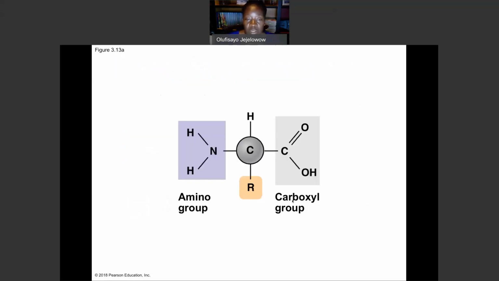So this is the description of an amino acid: a central carbon bonded to a hydrogen, a carboxylic group, and an amino group. This R group will be varied, and that's what will distinguish one amino acid from another.